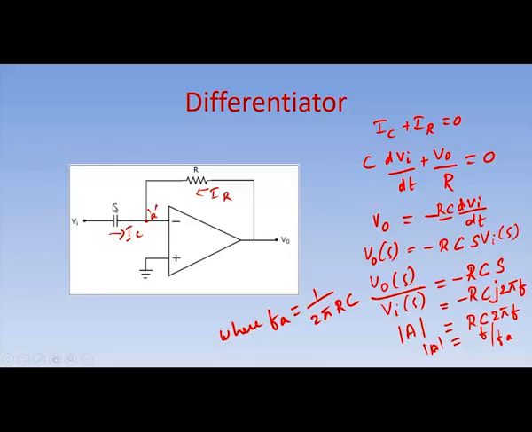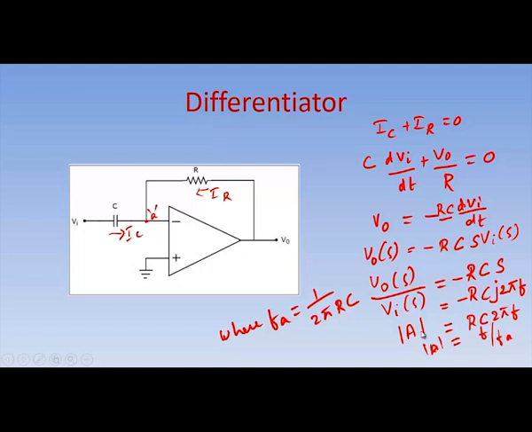Also, if the frequency is very high, the effect of the capacitor at the input is very low, since frequency is inversely proportional to the capacitive reactance. If the frequency is high, the capacitive reactance is low, and the differentiator circuit will be very sensitive to high frequency noise. So, these are the two limitations of the differentiator circuit.